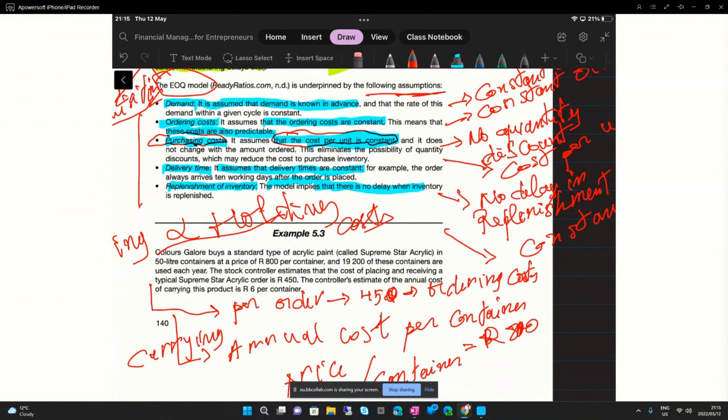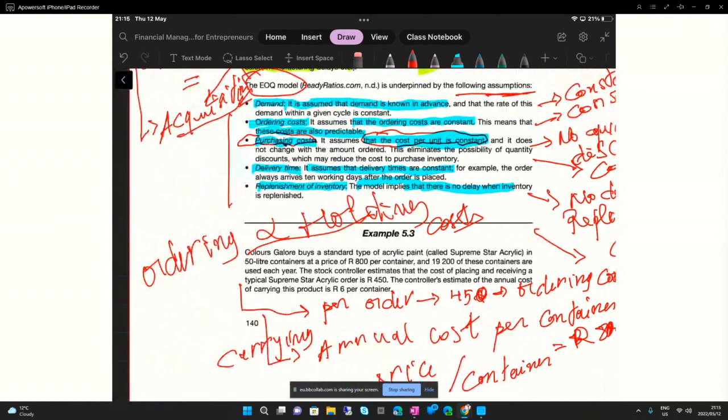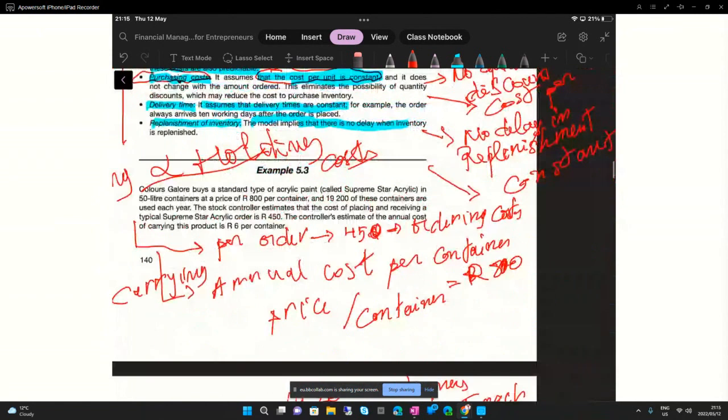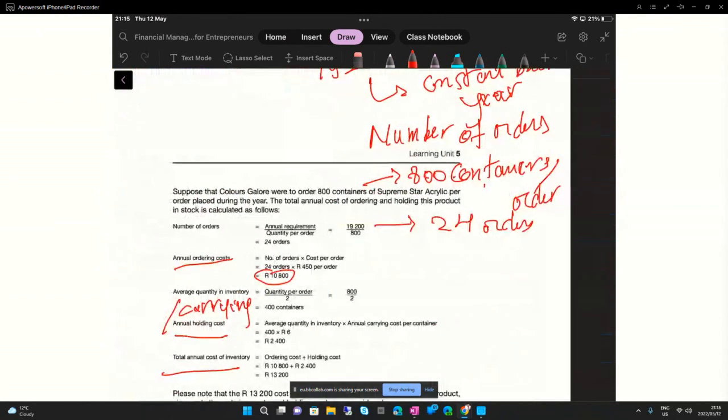There needs to be a particular setting fitting for this to work. It's almost like it's in a particular lab, but it needs to work. So ordering and holding cost, I want you to remember that. They are quite important, and you will have some examples in it.